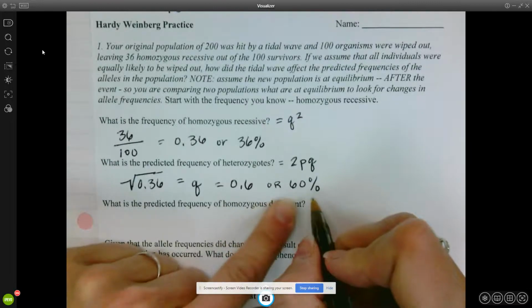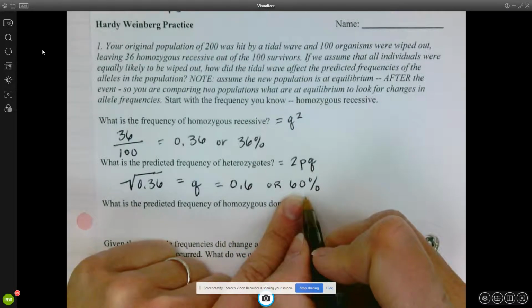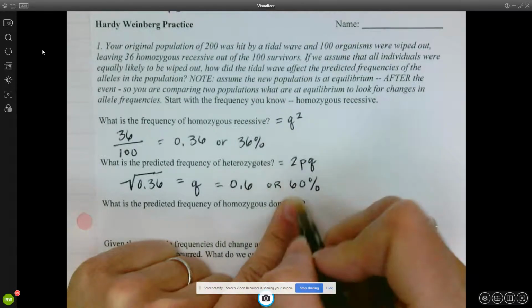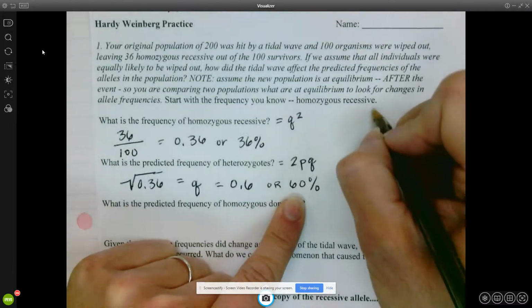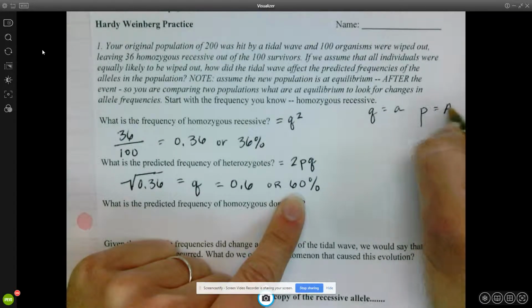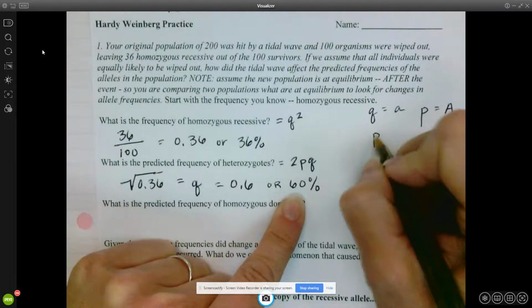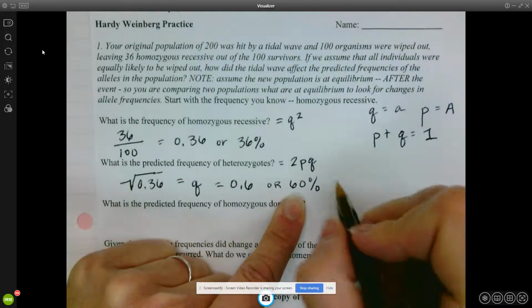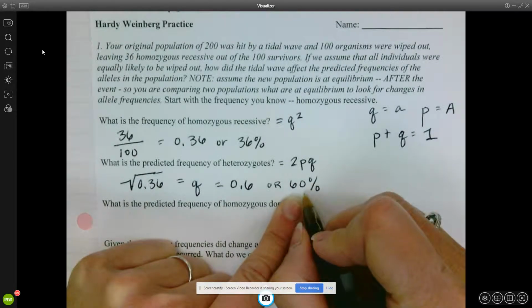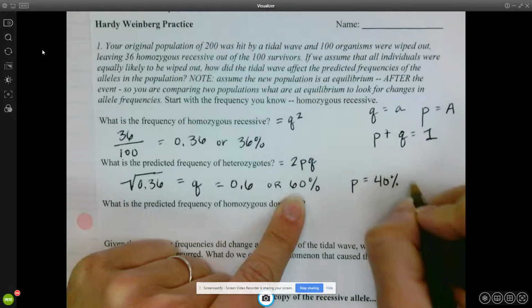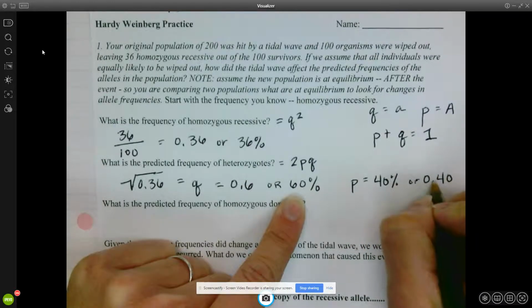Now that we know q is 60%, 60% of the population has the recessive allele, because that's what q means. So q is lowercase a, p is the dominant allele, and we know that p plus q equals 1, right? So if we know q is 60%, the other portion of the pie must be 40%. So p equals 40% or 0.4.